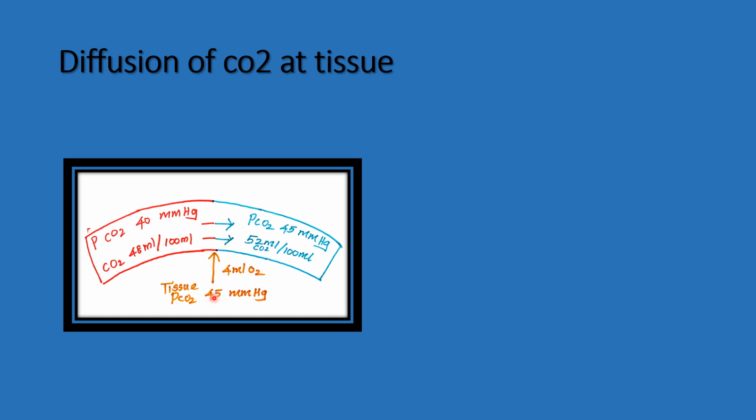Due to the pressure gradient, 4 ml is delivered from the tissue to the capillary per 100 ml. With a cardiac output of 5000 ml, around 200 ml per minute of carbon dioxide is delivered from the tissue to the capillary.